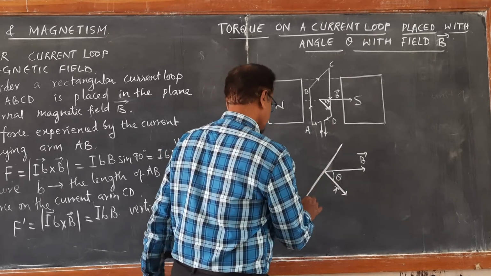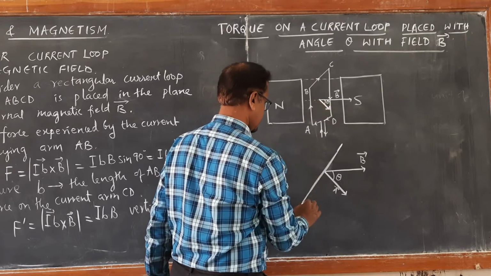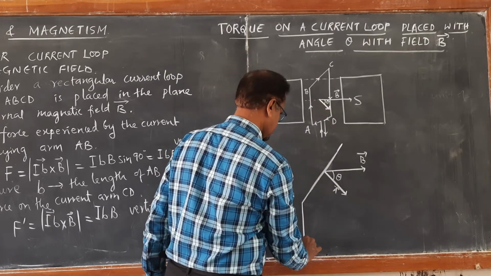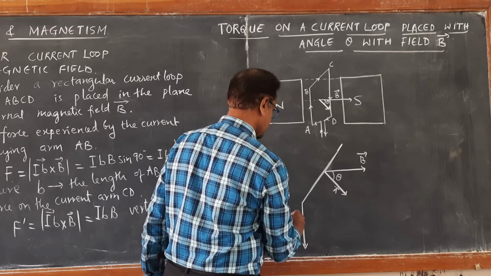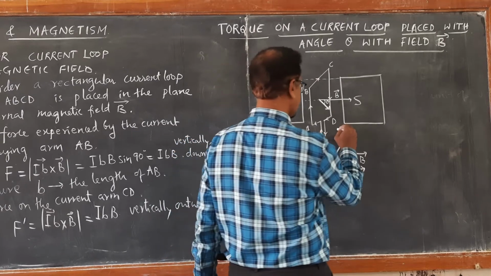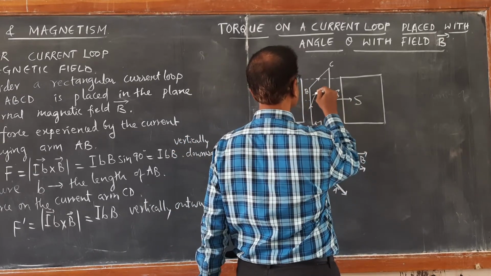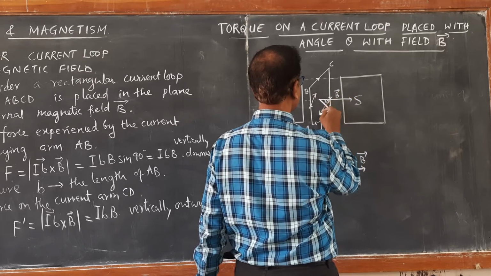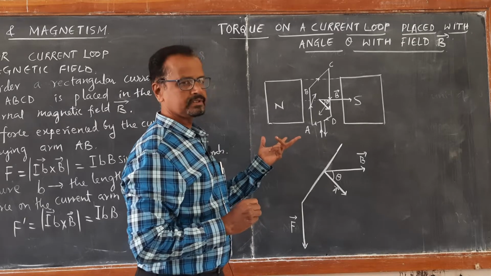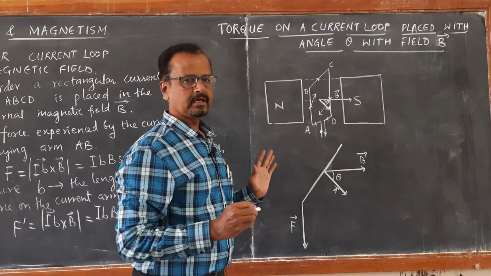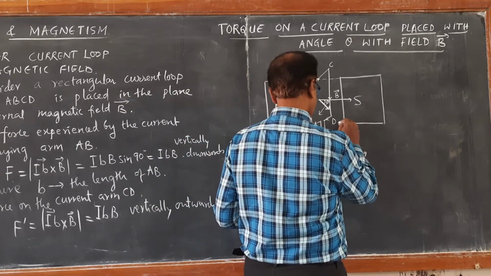Now, you see the force that is acting on this. Here it is acting vertically downward, like this. This is the force which we have taken as F, and here it is acting vertically upward. So these two equal and opposite, anti-parallel forces acting at two different points constitute a couple and exert a torque.